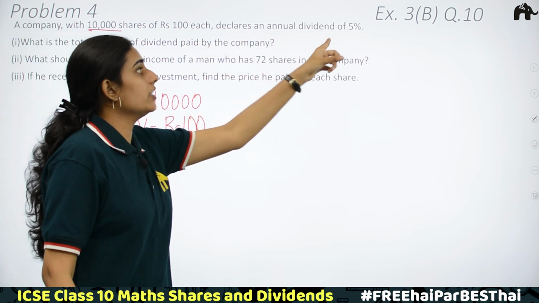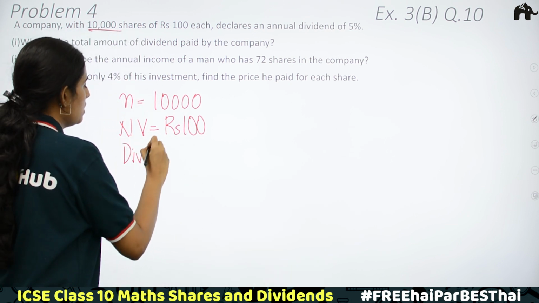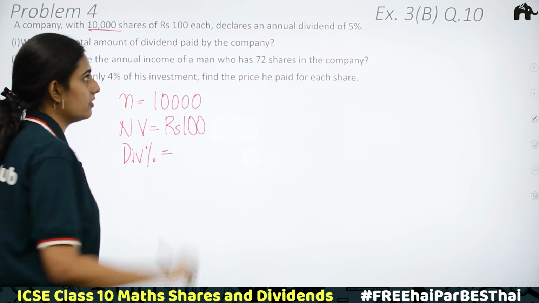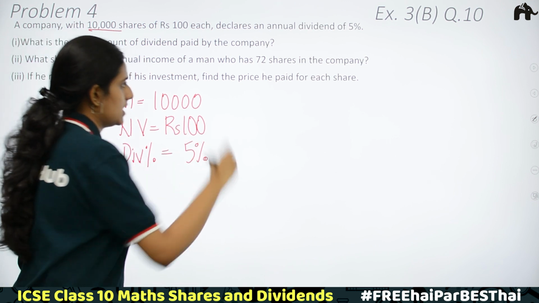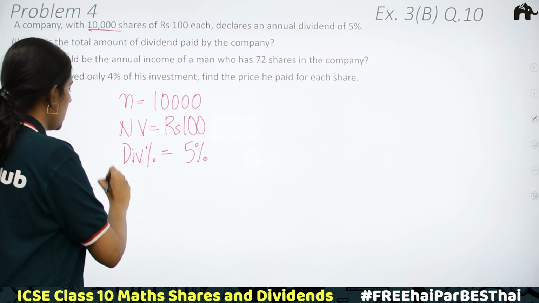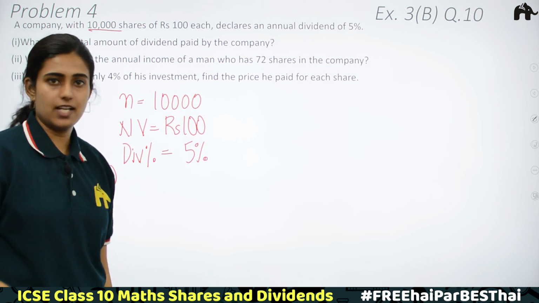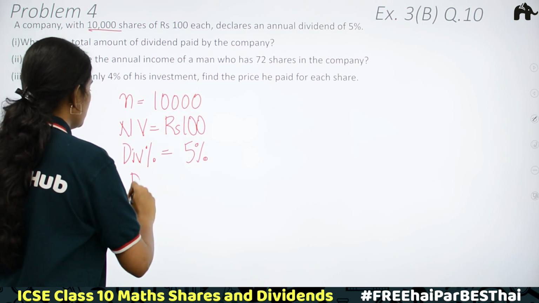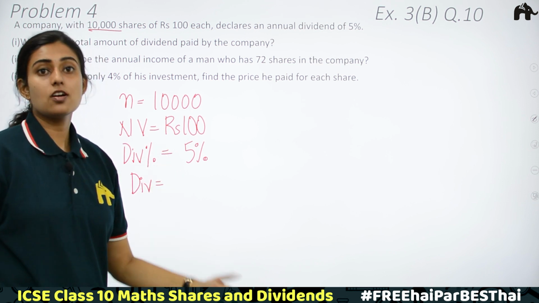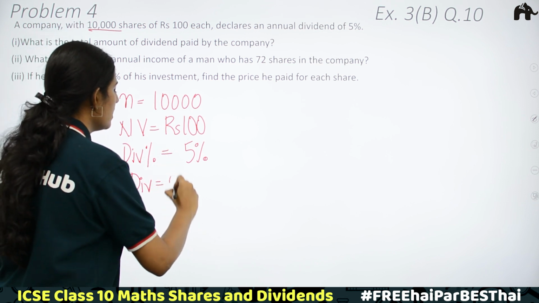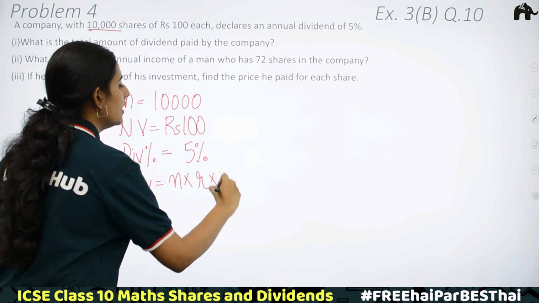Declares an annual dividend of 5%, which means the dividend percentage or the rate of dividend is given, which is equal to 5%. In the first part, we need to find the total amount of dividend.